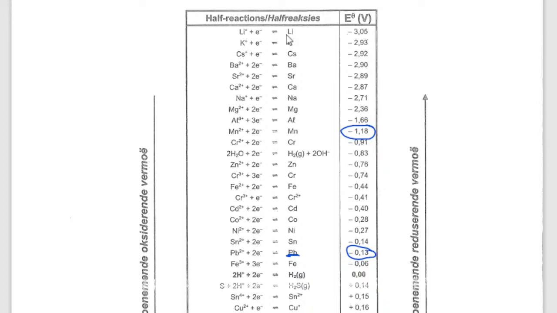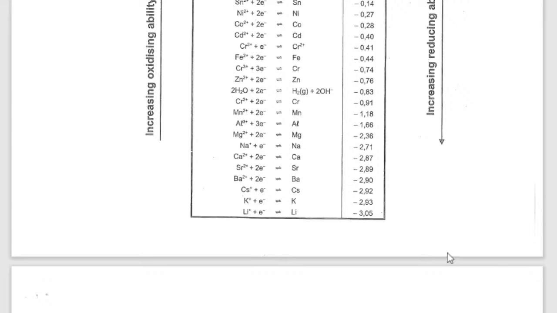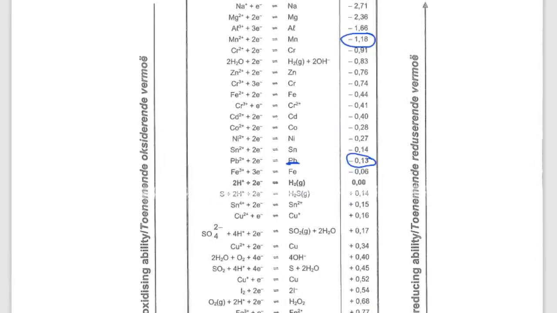The one where you see lithium on top, use that one. Whenever you see lithium on top, use that one. Because the one which is on top is going to be more reactive than the one which is on bottom. But if you use the other one, the one which is on bottom is going to be more reactive because the lithium is now down. So use that one which has lithium on top.